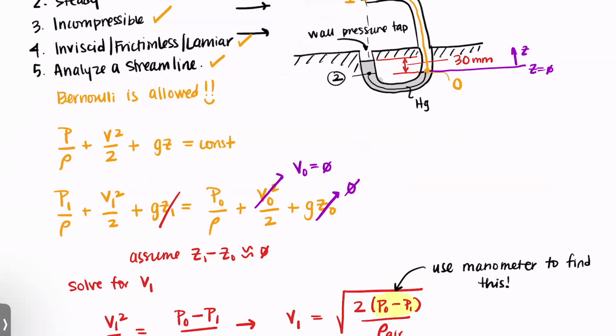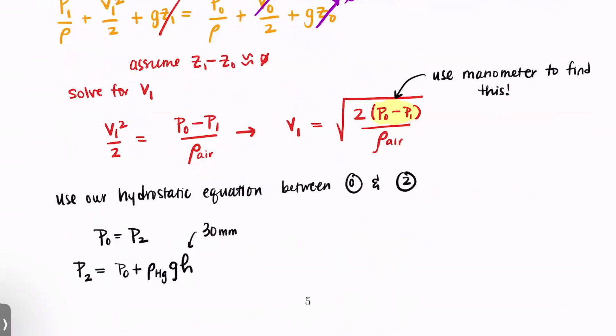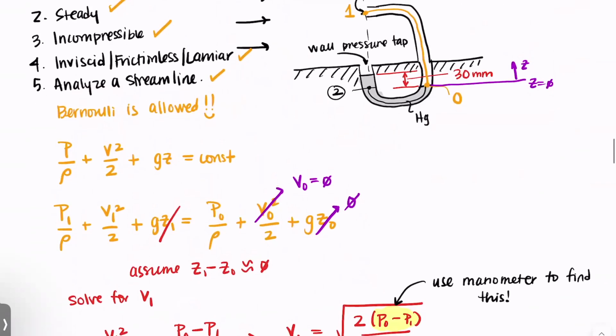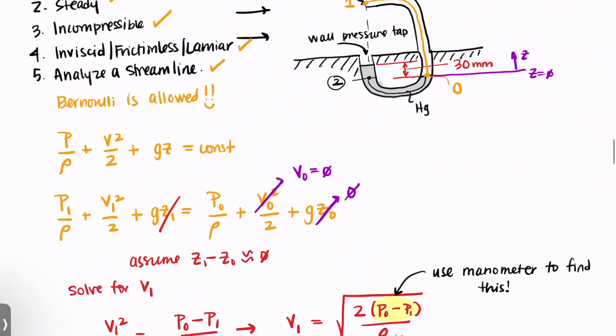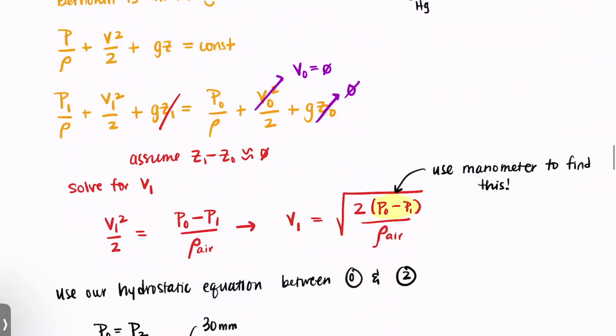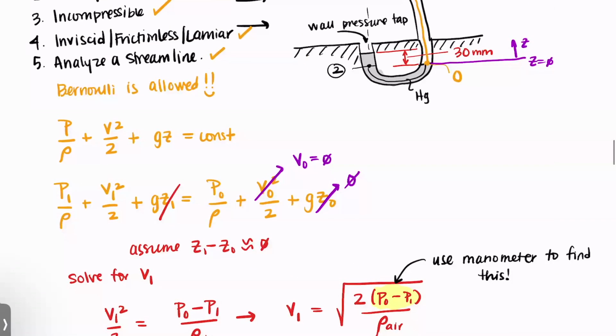Question? Makes sense. Okay. Yeah. So point 2 is not actually at the top, it has to be in line with the reservoir. Right? That's why they're equal. Yes.